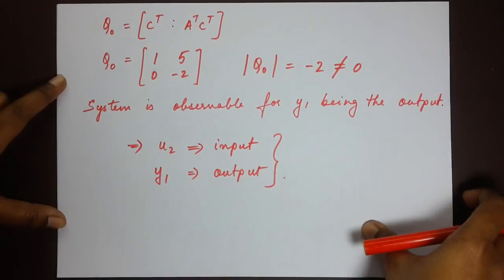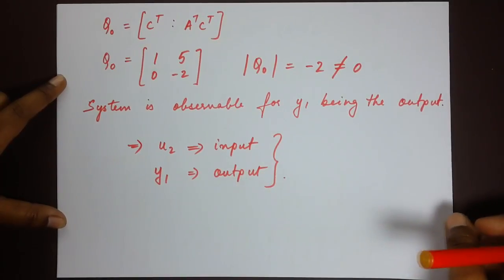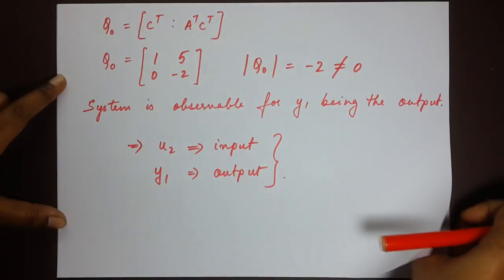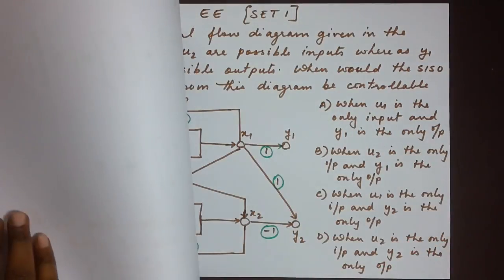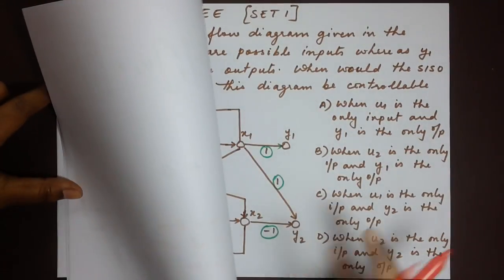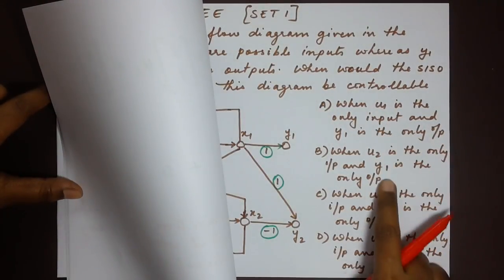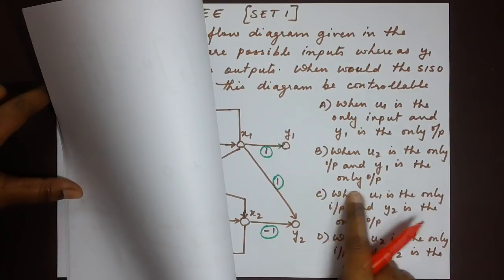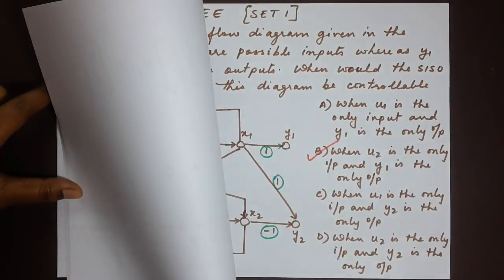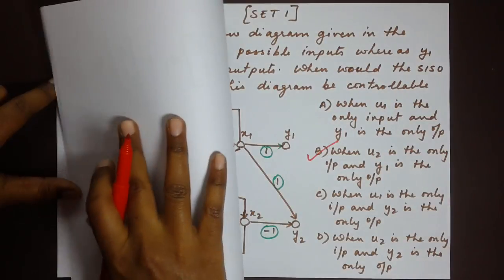These are the right conditions. Let's see which is the right option. We have here u2 and y1. When u2 is the only input and y1 is the only output, option B is the right answer.